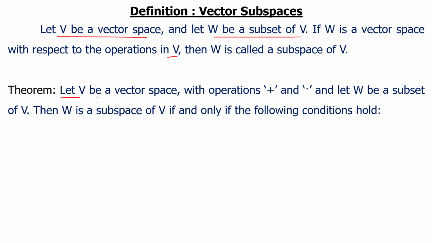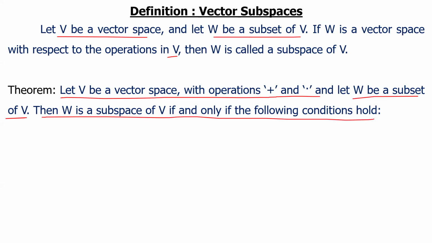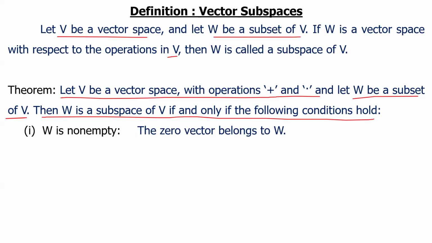Let V be a vector space with operations plus and dot, meaning vector addition and scalar multiplication, and let W be a subset of V. Then W is a subspace of V if and only if the following conditions hold. First condition: W is non-empty. That means the zero vector belongs to W.